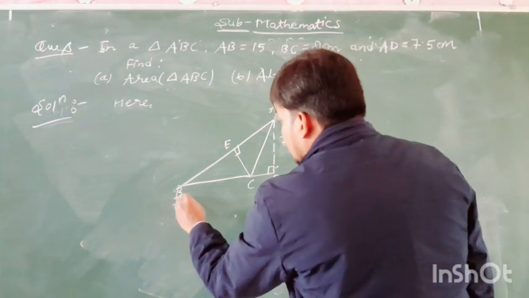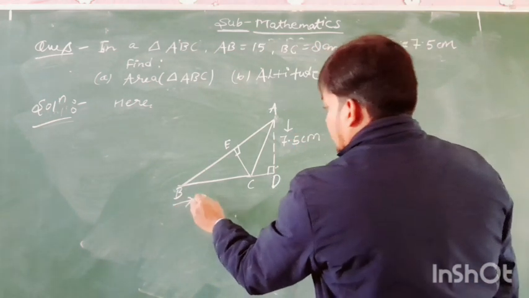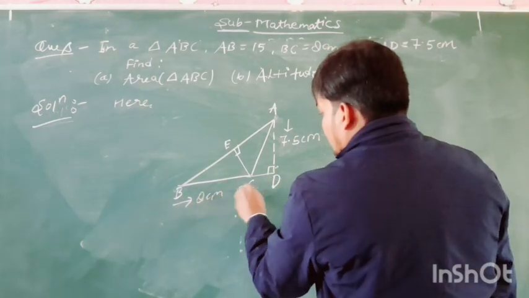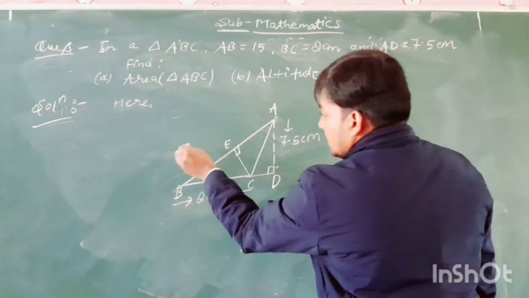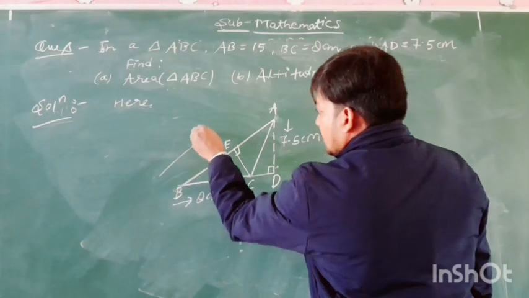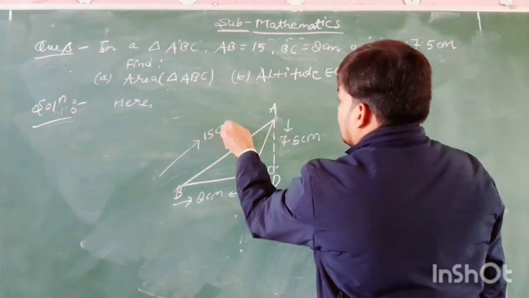Measure of BC is equal to 8 centimeter. Measure of AB is equal to 15 centimeter.